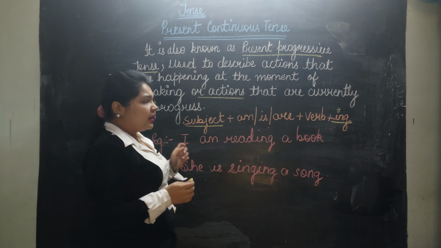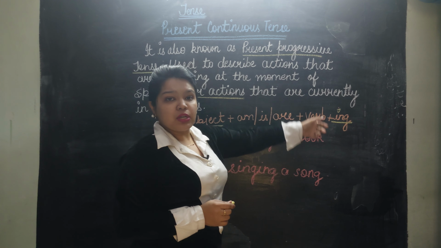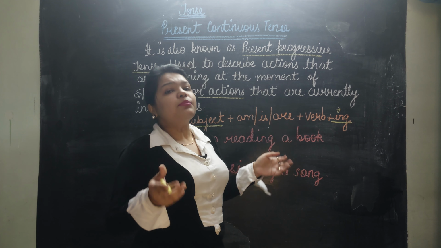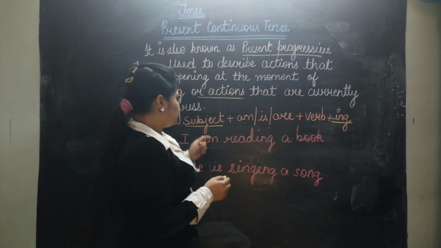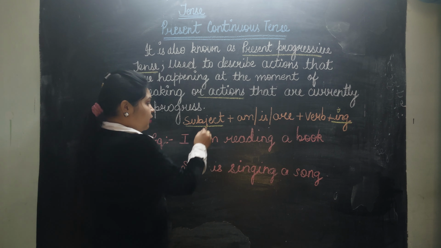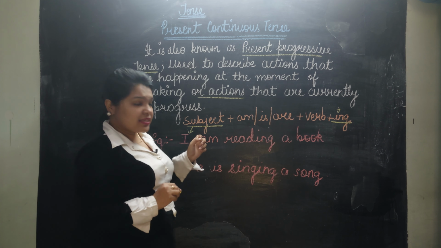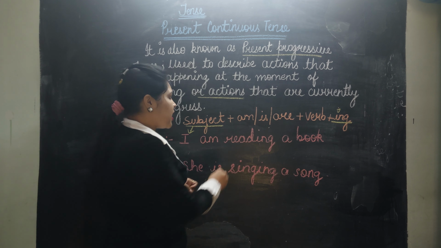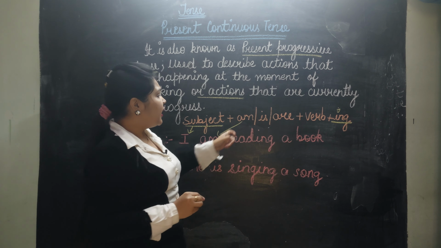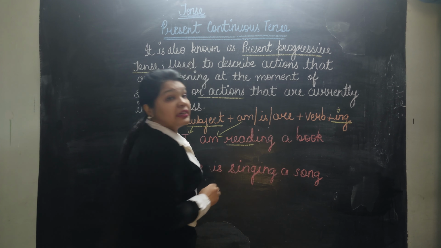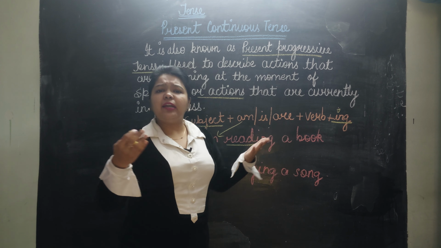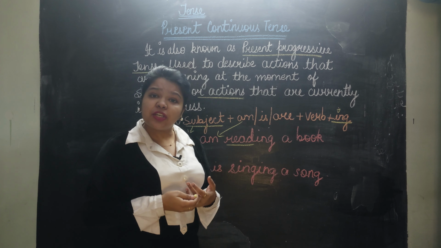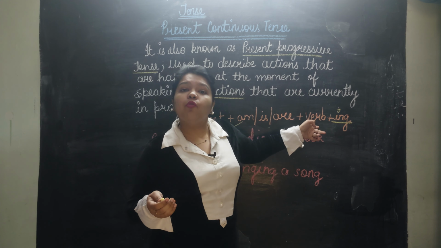For example, let's now form some sentences with this formation so that you can easily understand it. For example, subject. What is subject? I is the subject. I have used am. I am. This is verb. Read is the verb. What is the verb? Action word. Read, play, write. These are the action words. That is the verb.